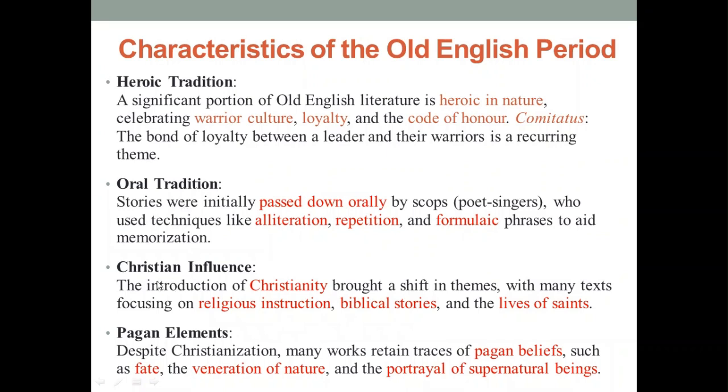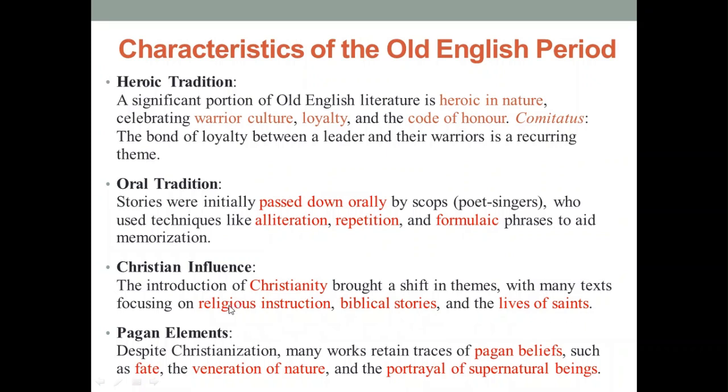The third characteristic is Christian influence. The introduction of Christianity brought a shift in themes in Old English literature, with many texts focusing on religious instruction, biblical stories, and lives of saints.